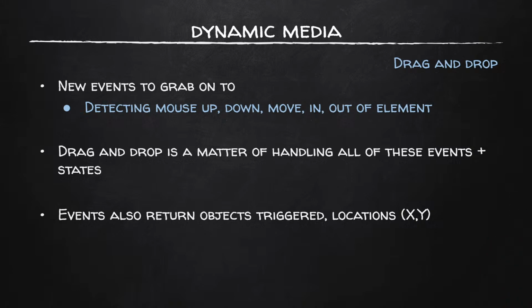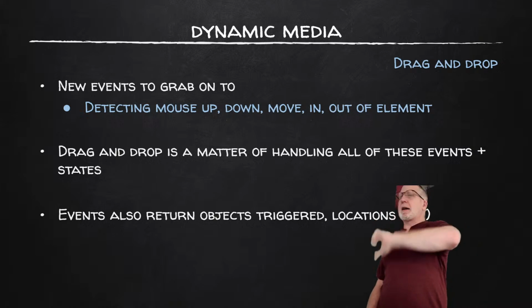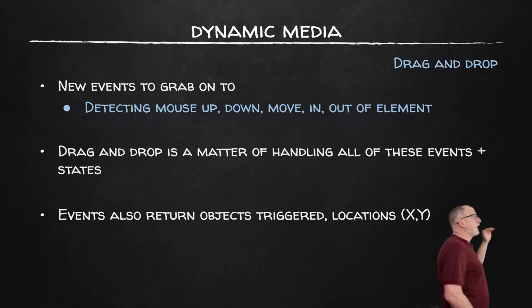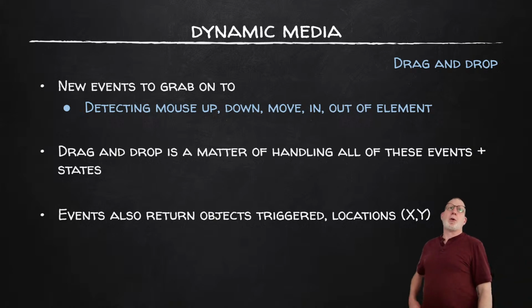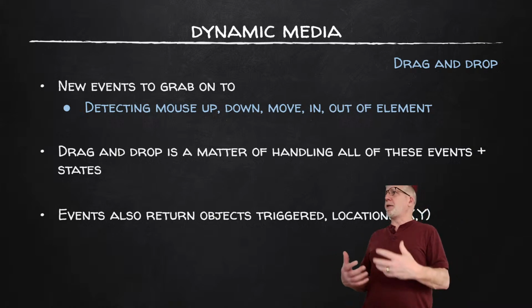And once it's down and I move, I need to keep track of both of those things: that the mouse is still held down and I'm moving the mouse. And then in and out are events that happen to show us that our mouse has gone inside or outside of some div or some element. And the trick to all of this is that all of these events are available in JavaScript. So all we have to do is figure out the right sequencing and the right events to attach the right things to.